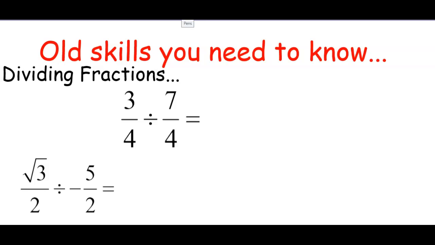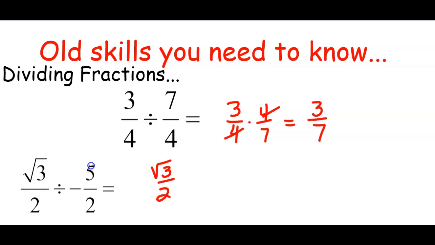Whenever you're dividing fractions, remember you flip the second one over, so this becomes 3/4 times 4/7. The 4's divide out and we get 3/7. Whenever you have square root of 3 over 2 and you're dividing by -5/2, it means you're multiplying by the reciprocal.